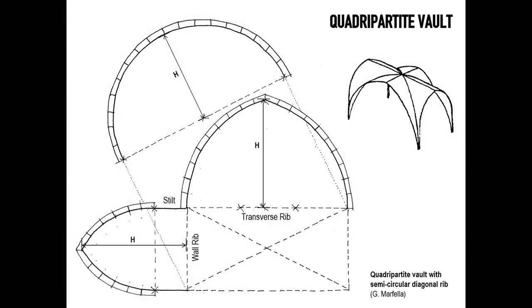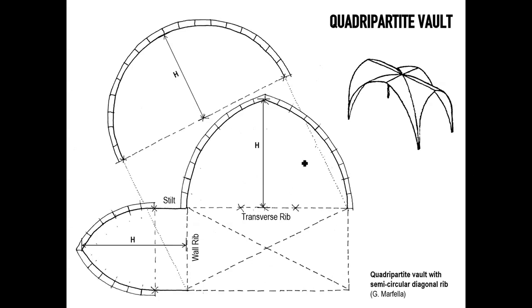The other vault that developed in France was the quadripartite vault. Now, all this might seem pretty pointless, but as we shall see, there are some important differences and some reasons for which these cathedrals have evolved in the configurations of vaults. So the quadripartite vault, as the name implies, is divided in only 4 webs.